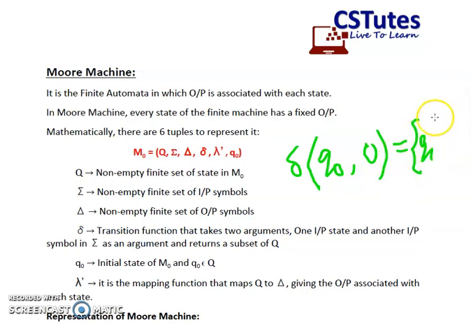Now, if we are only moving to one state, then it is only Q1 in this set. If we are moving to two states, then there will be both the states in the set. Thus we can say that the output is a subset of capital Q, that is the set of states. So this is the representation of a transition function.